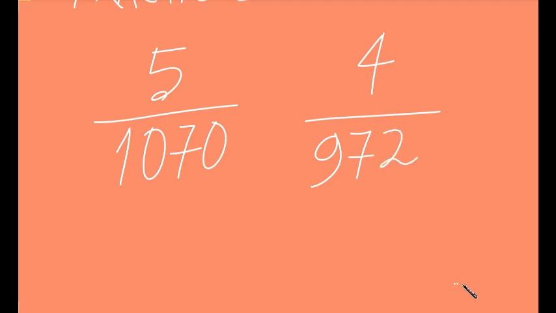What are you going to do? Are you going to multiply it? Which technique? No, don't multiply it, because 5 into 972 and 1070 into 4 will be very tough, right?